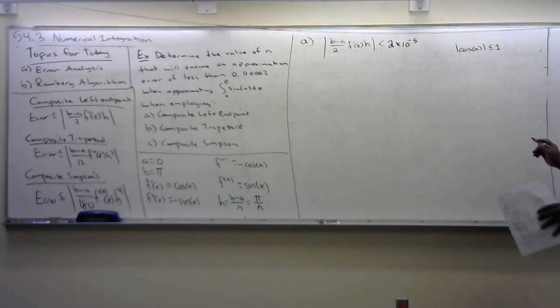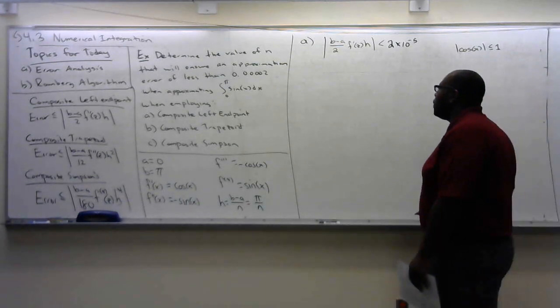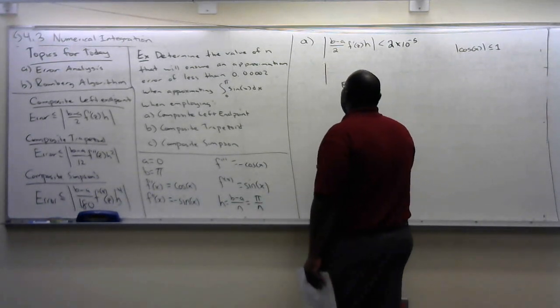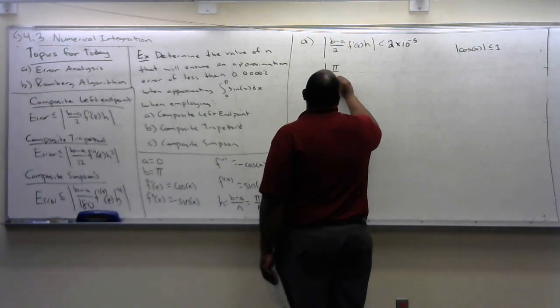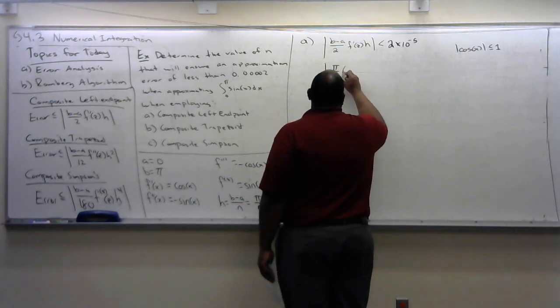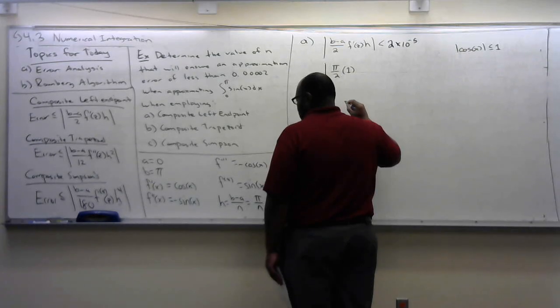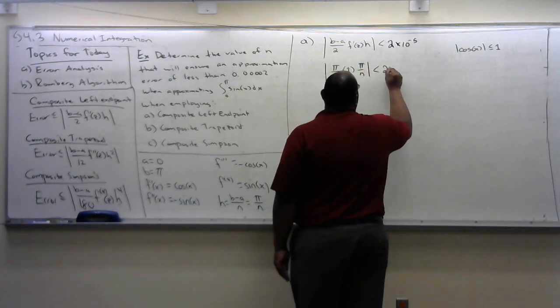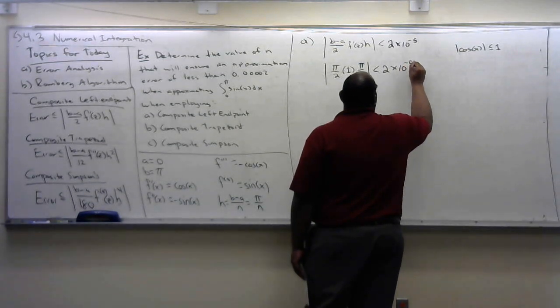So I'm just going to plug 1 in there. b minus a is pi, so I get pi divided by 2, times 1 times h, which is pi over n. We want this to be less than 2 times 10 to the negative 5.